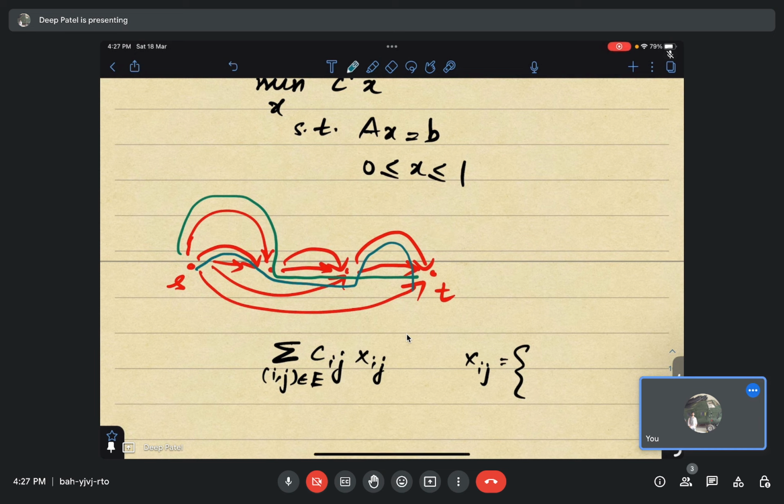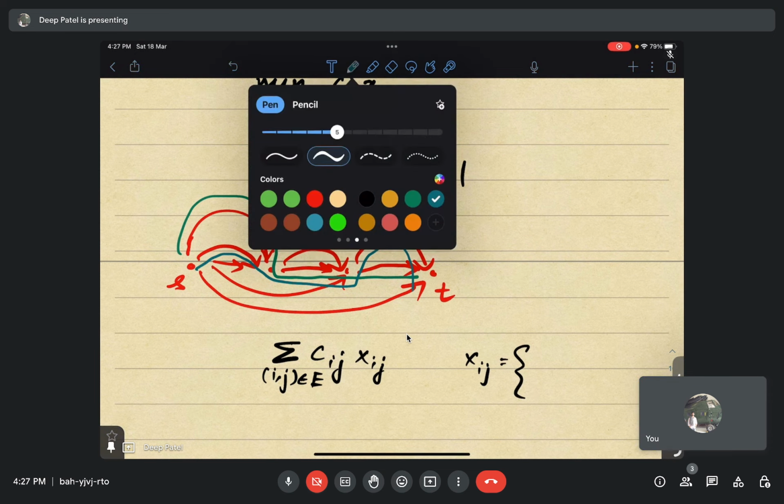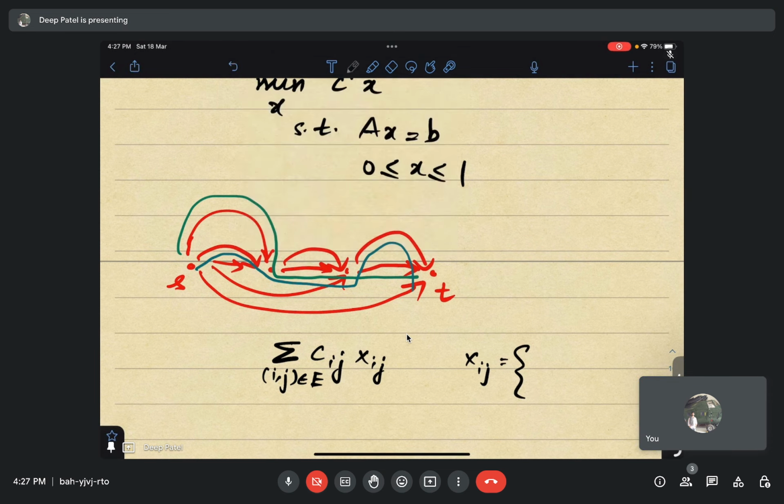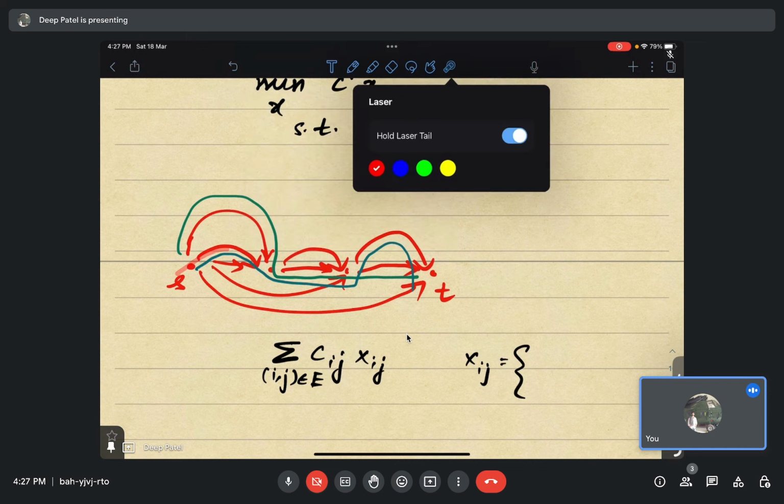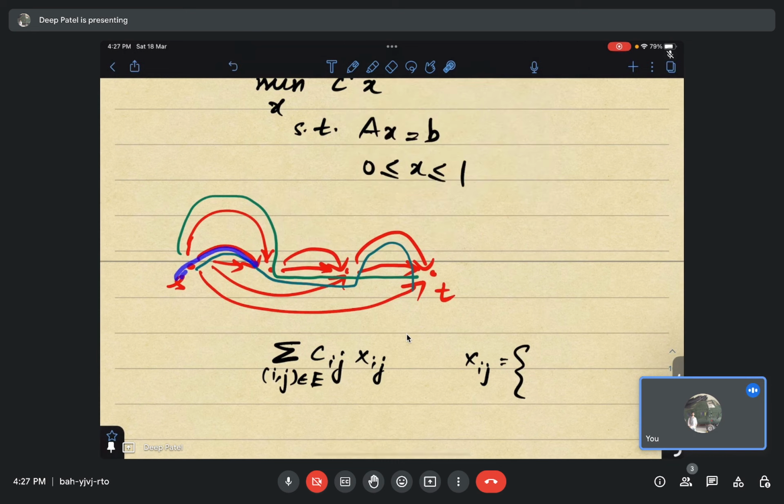So many possibilities. In general, what I am interested in is, let's say I went along the blue path. I hope you can see my pointer. Here I'm adding the cost of traveling along these edges.